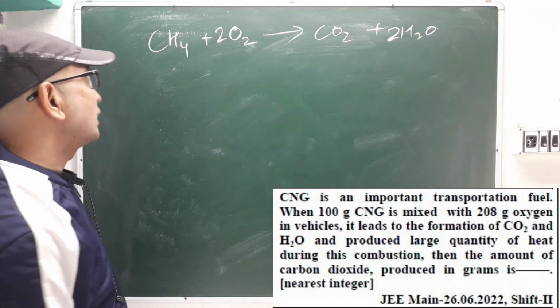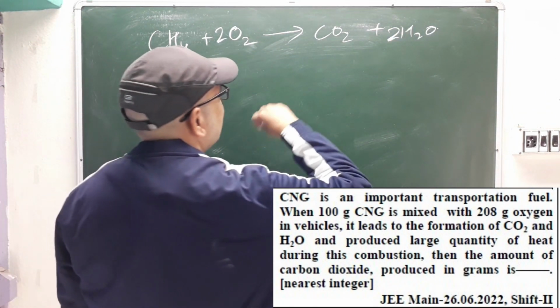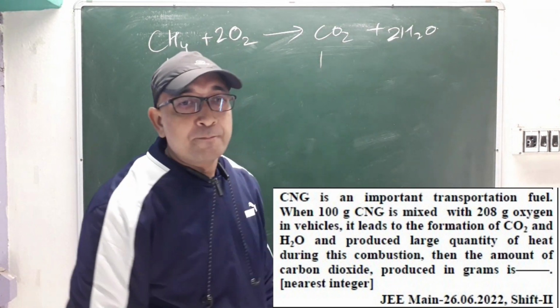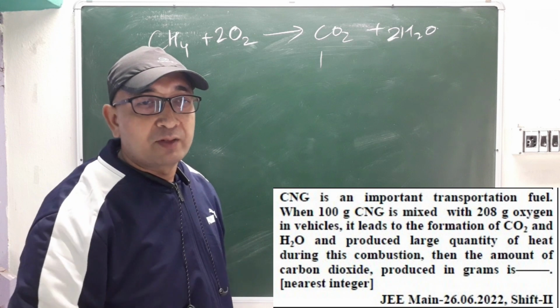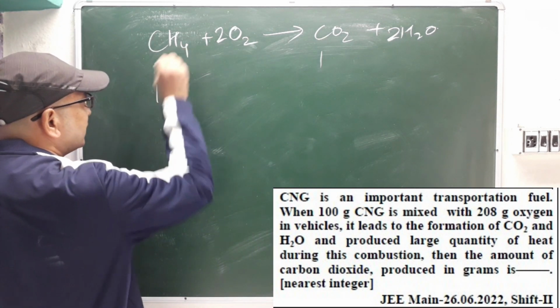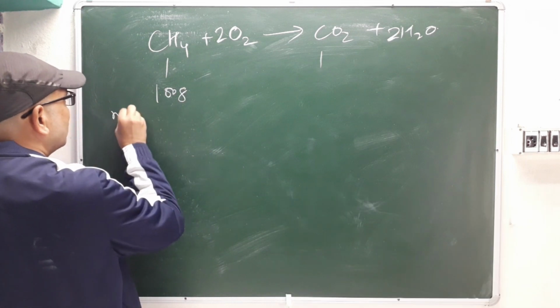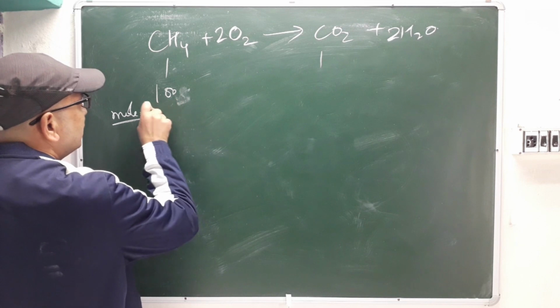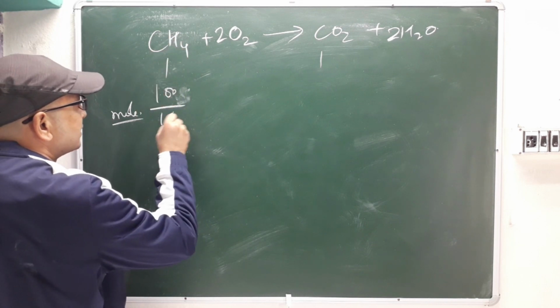We know that 1 mole of methane, on complete combustion, will give 1 mole of carbon dioxide, right? So they are telling that 100 gram of methane, just convert it to moles. How many moles will it be? 100, the given weight, divided by the molecular weight, which is 16.